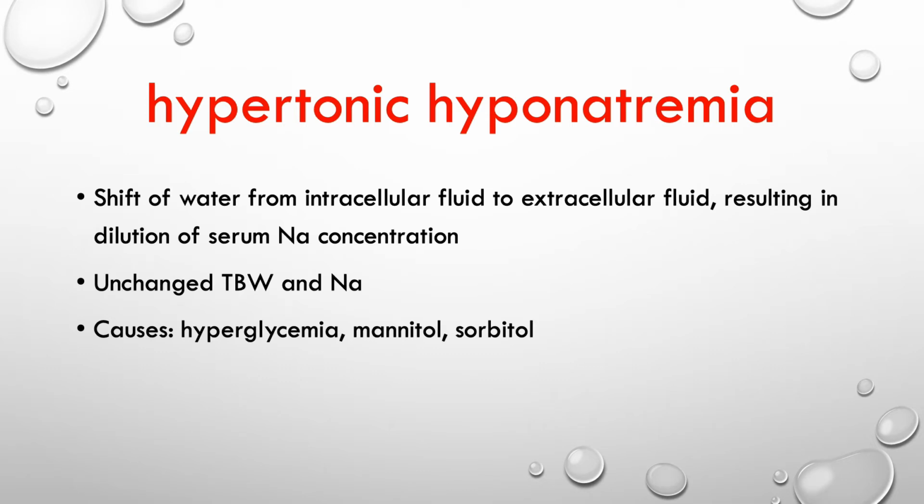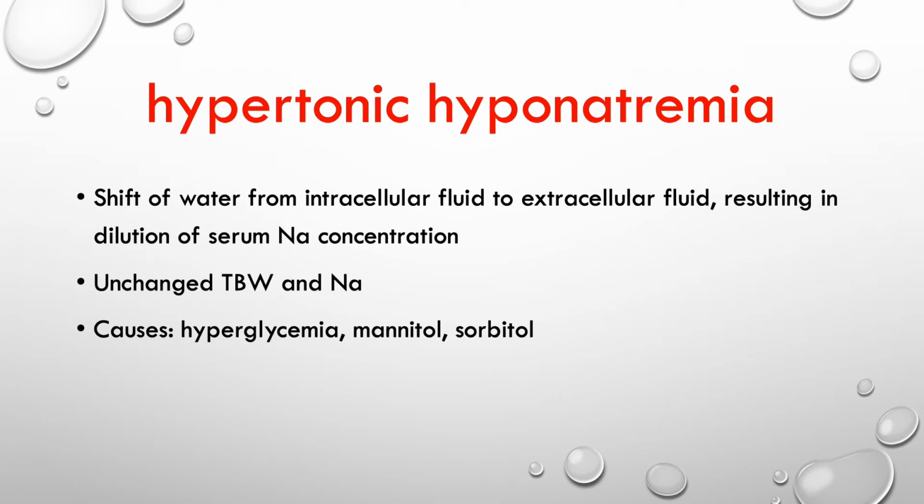Because glucose is an effective osmole, the high glucose concentration causes water movement from the intracellular compartment to the extracellular compartment, thereby reducing the extracellular sodium concentration. Consequently, the sodium concentration decreases, even though the tonicity of the extracellular volume is increased.